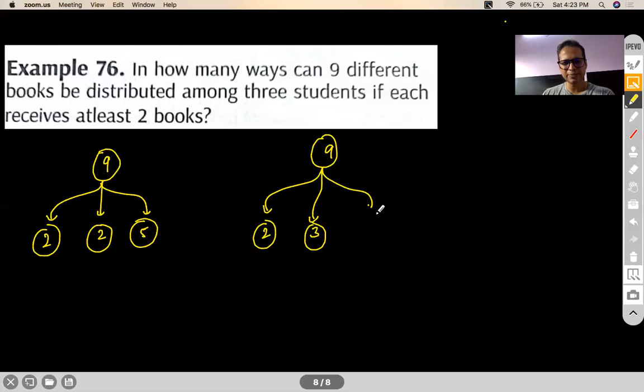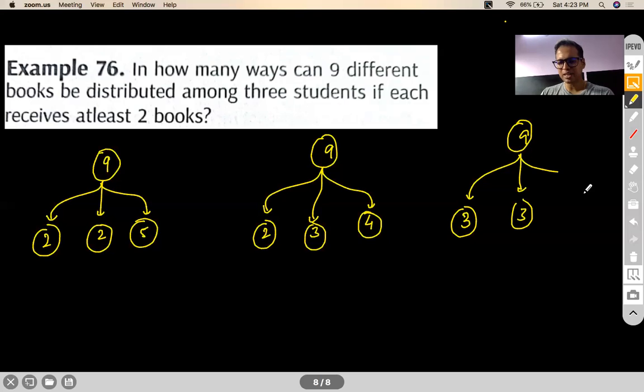That's another possibility. Or I could have 3, 3, and 3. So this is how I'm distributing it to 3 students. Now, of course, order is important over here, so you can change hands. But prima facie, these are the distributions that are possible. I don't think any other distribution is possible.